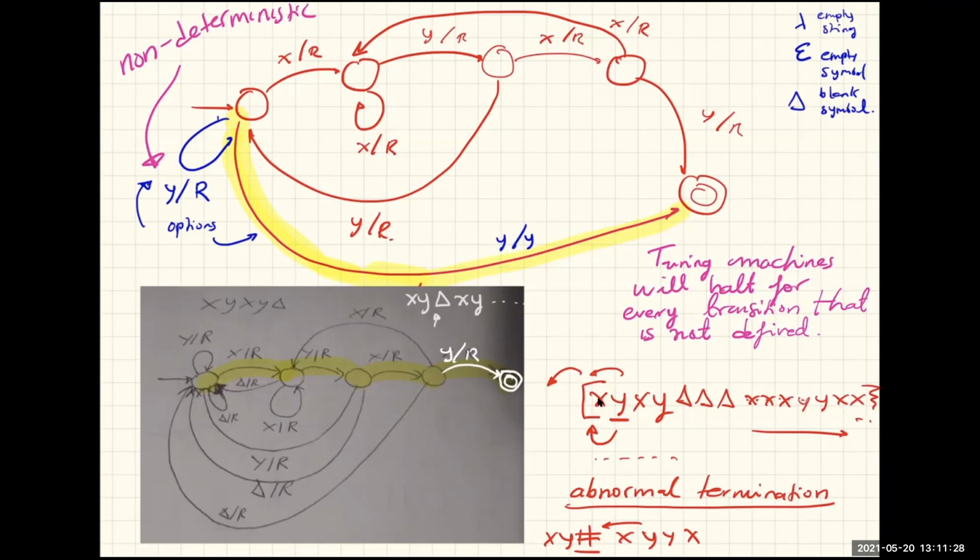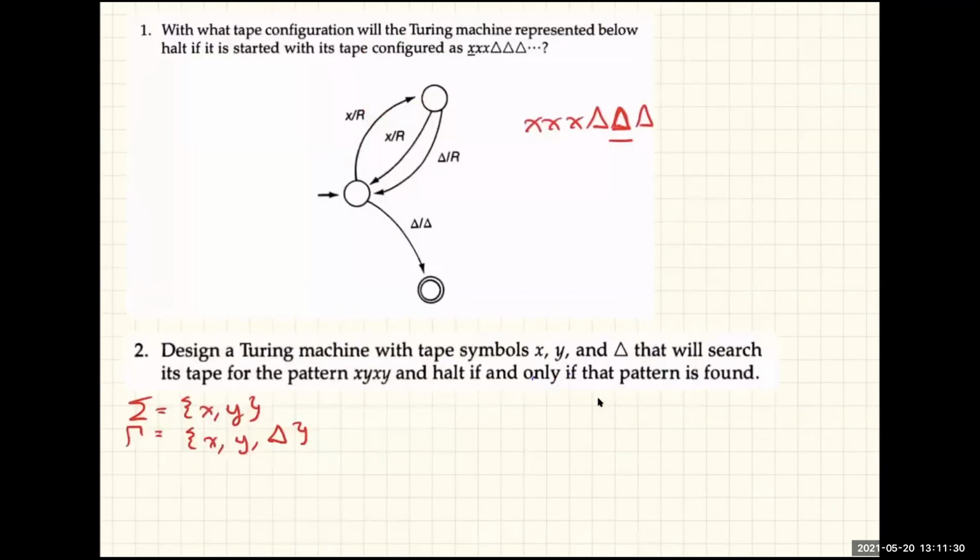But what we are being asked here is to search the tape for the pattern, and this pattern does not allow blank spaces. So in this case, it's very clear, and you will accept if and only if that pattern is found. That's why we will not allow a blank space in between.